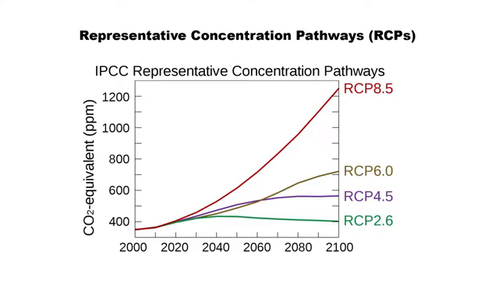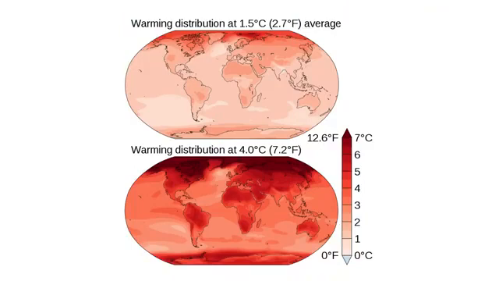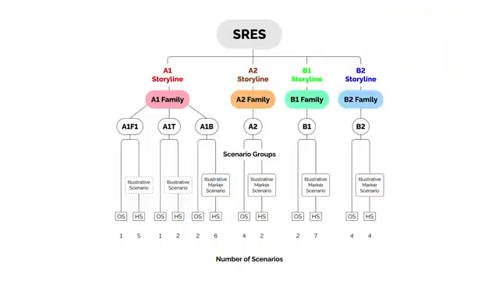The RCPs are the latest iteration of the scenario process and are presented in the IPCC's Assessment Report 5, in preference to the SRES. The SRES scenarios use socioeconomic modeling to inform potential emissions trajectories, while the RCP scenarios are specifically named for radiative energy in watts per square meter added to the Earth's climate system by the end of the 21st century.